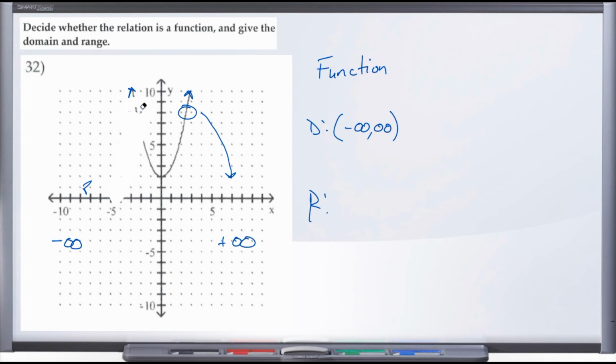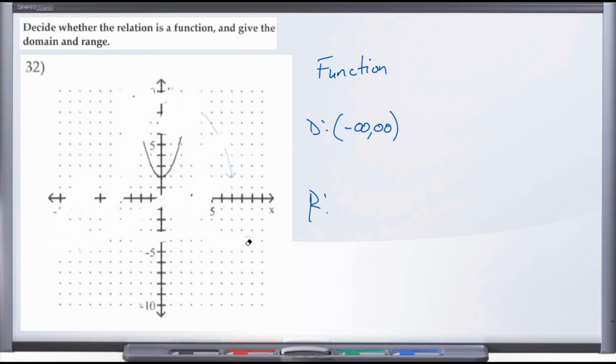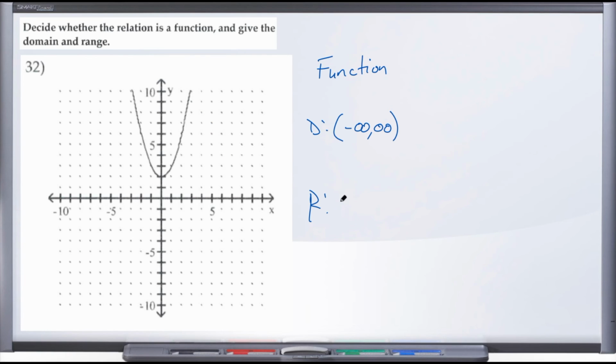Well, we're going to do something similar to what we used in the previous question, number 31. We're talking about y values now, and we can pretend there's a brick wall here, that this graph is never going to have a y value smaller than y equals 2.